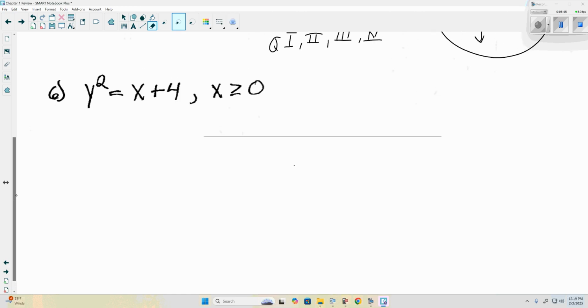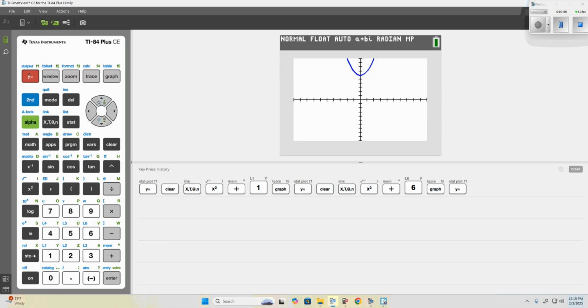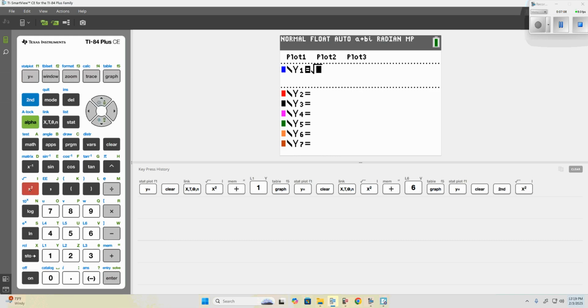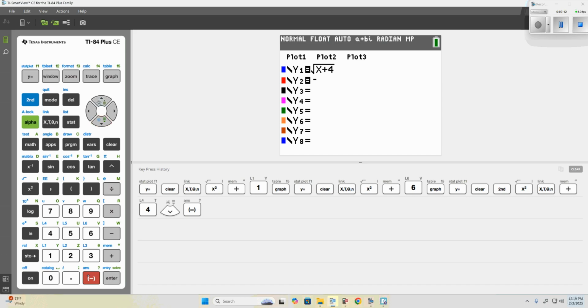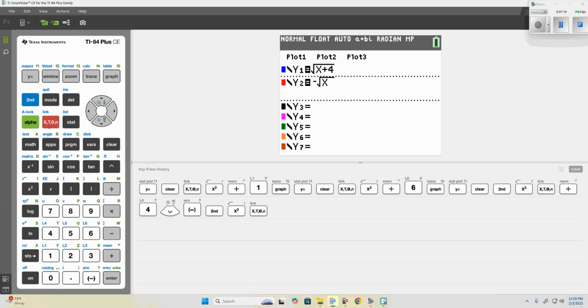And last one, y squared is equal to x plus 4. Well, let's get y by itself. y squared is equal to x plus 4. y is equal to plus or minus the square root of x plus 4. Because once we get it into y equals square root of x plus 4, we also have negative square root of x plus 4.